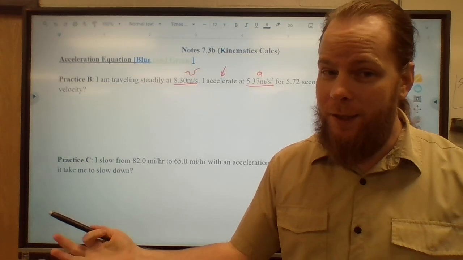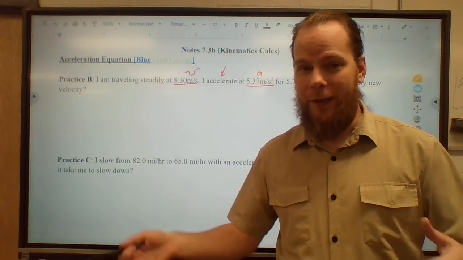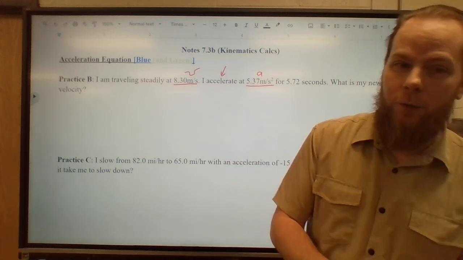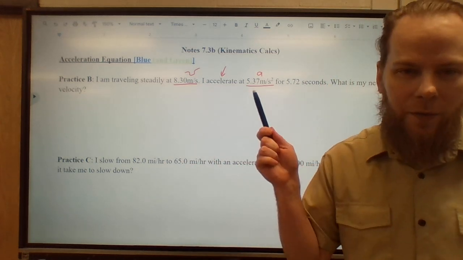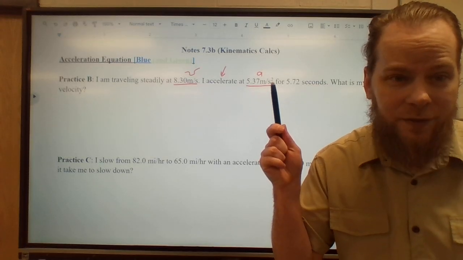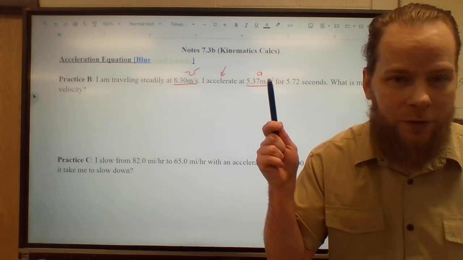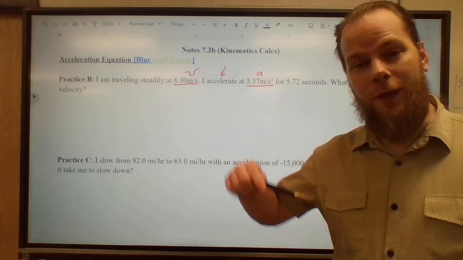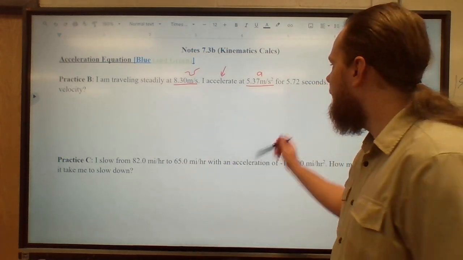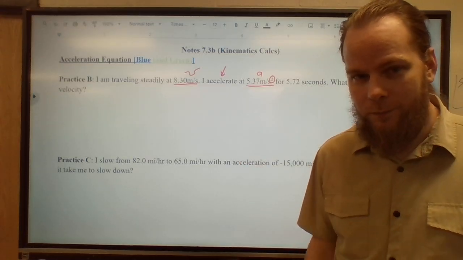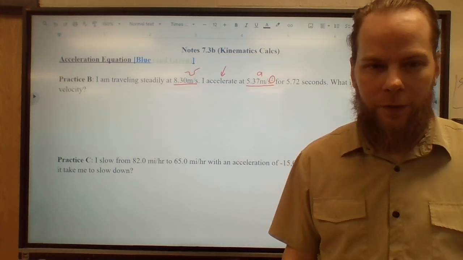This is why we had you doing that assignment asking what are the units of this, what are the units of this. Because that 2 right there tells you this has to be an acceleration, because only acceleration has meters per second squared. So this has to be our acceleration.